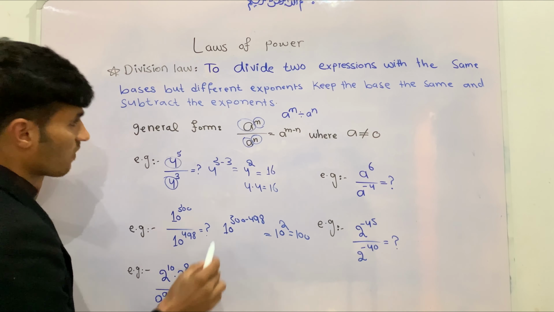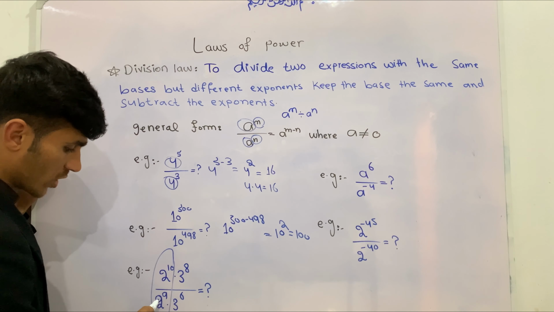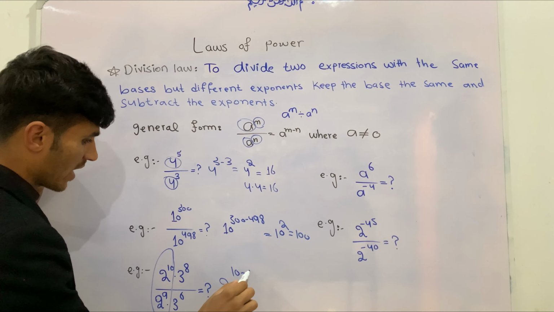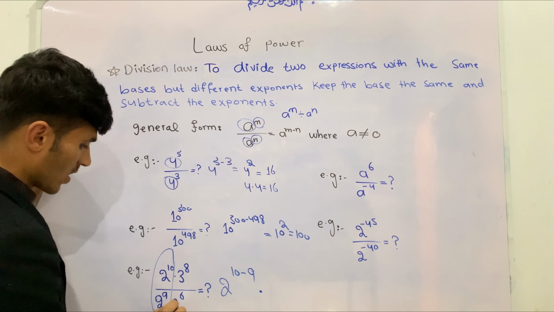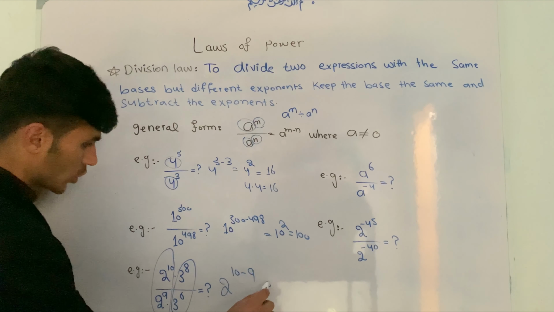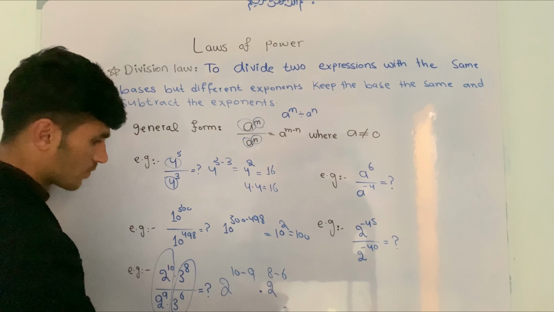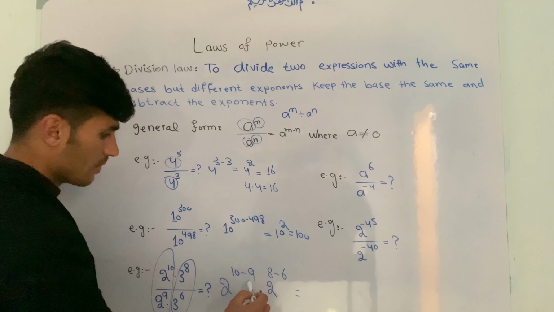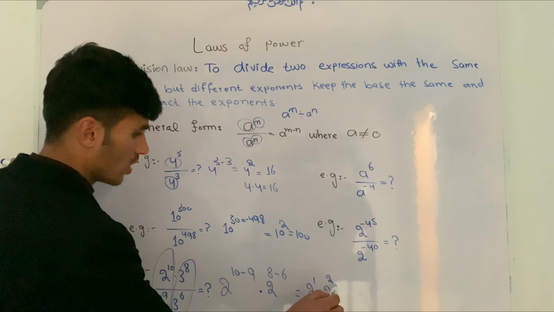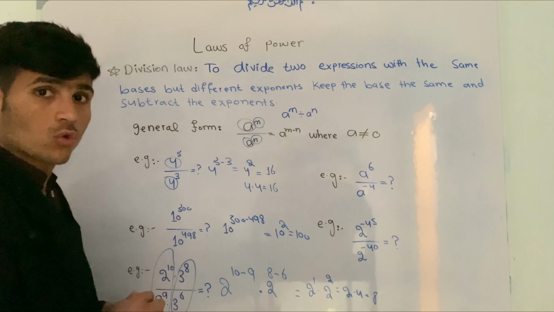If you look at this rule, just look at this portion: 2 to the 10 minus 9, multiplied by, then looking at only this portion, 3 to the 8 minus 6. So 2 to the 10 minus 9 equals 2 to the 1, multiplied by 3 to the 8 minus 6, which becomes 3 squared. That equals 2 multiplied by 9, which equals 18. I hope you got this question as well.